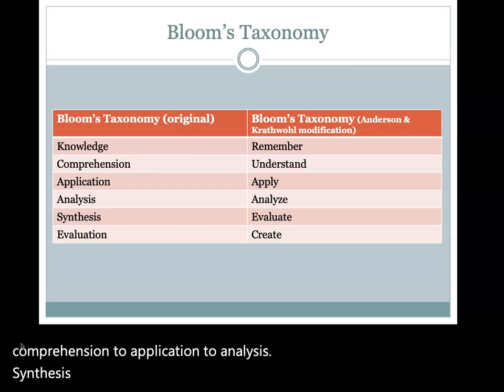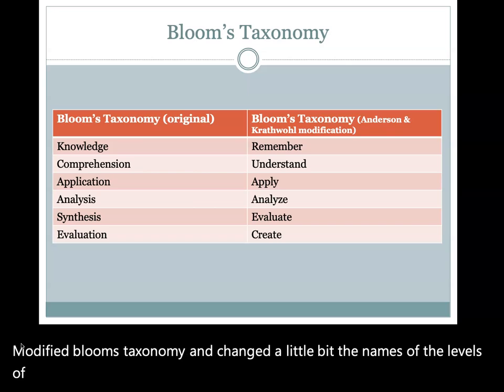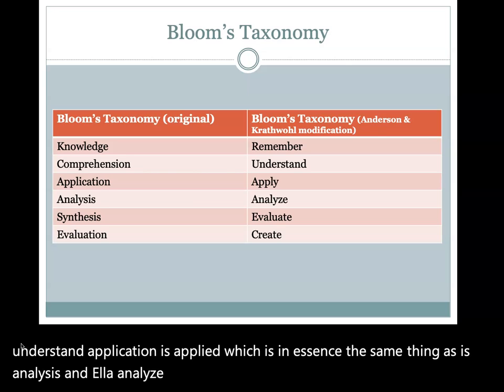Well, Anderson and Krathwohl modified Bloom's taxonomy and changed a little bit the names of each of the levels. So knowledge now is called remember, comprehension is understand, application is apply, which is in essence the same thing, as is analysis and analyze. But synthesis now is evaluate, and evaluation now is create.